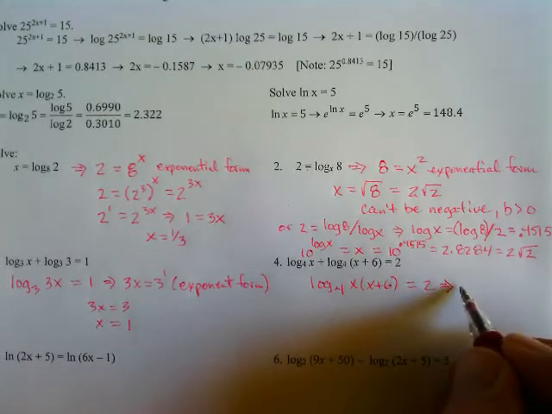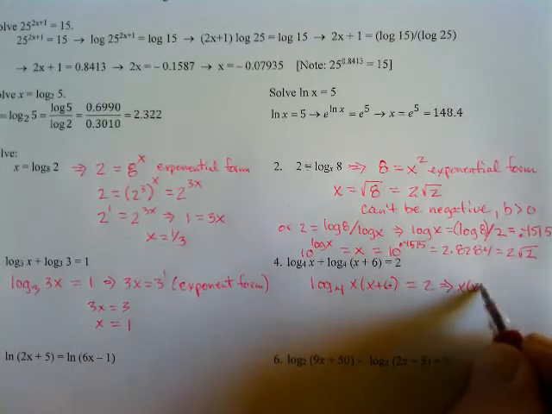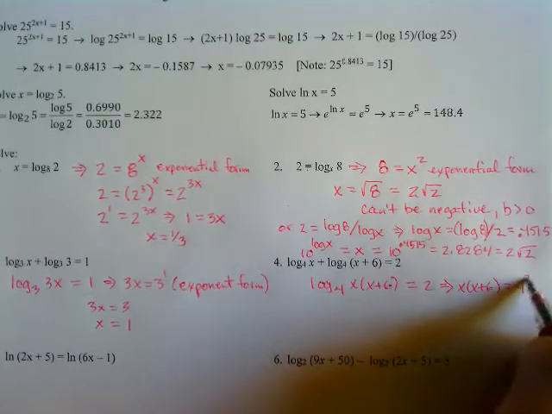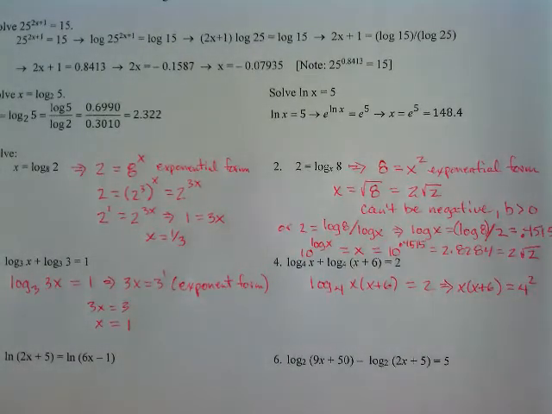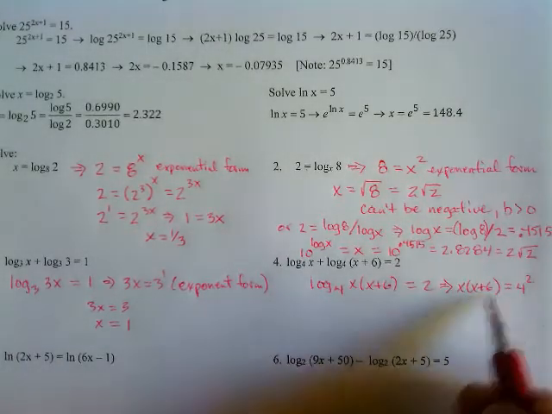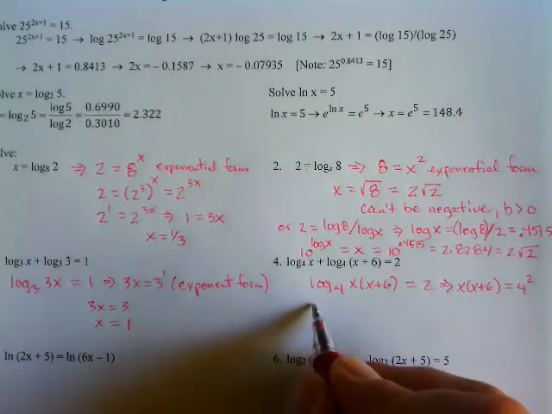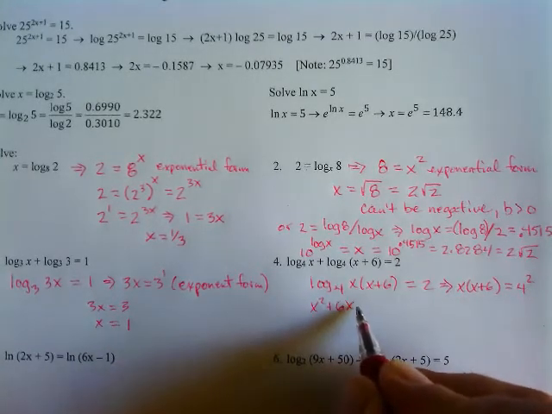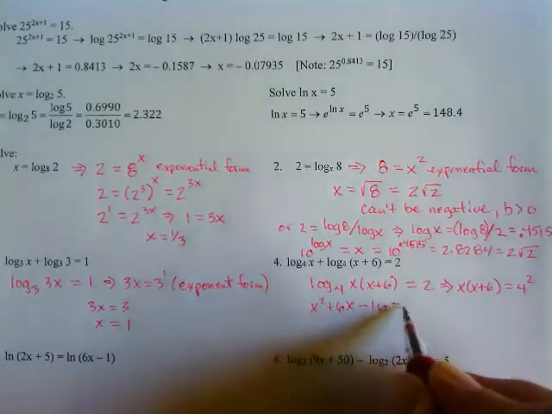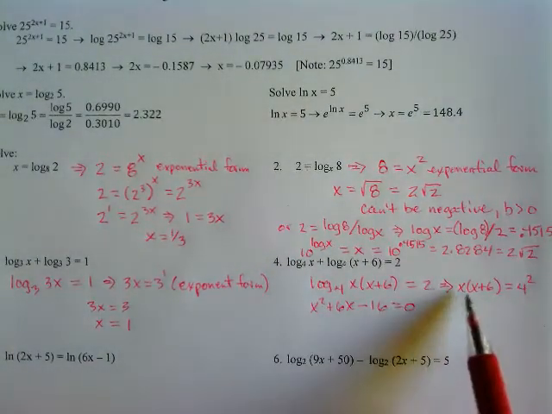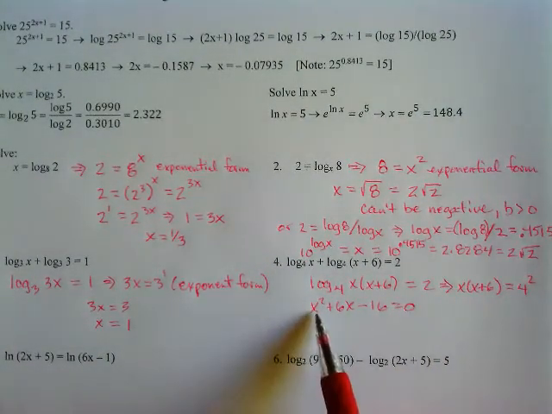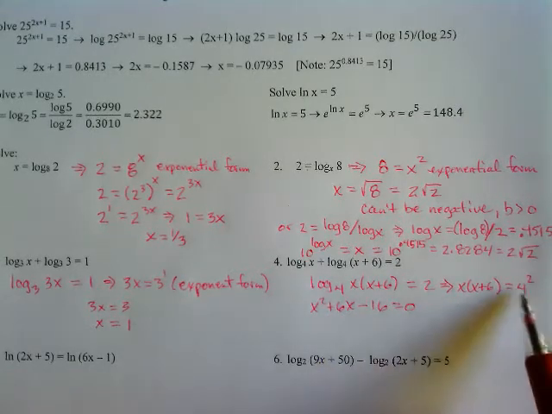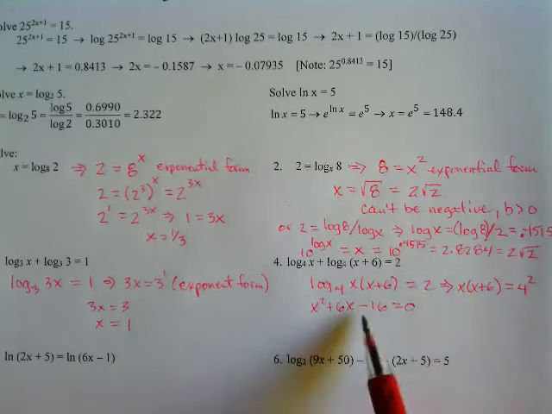So that will be x times x plus 6 equals 4 squared. And going ahead and distributing, we can end up with x squared plus 6x subtract 16 equals 0. So please note, x times x, that gives us the x squared, x times the 6, there's our 6x, 4 squared, that's 16, brought it on the other side, and so we have a subtract.